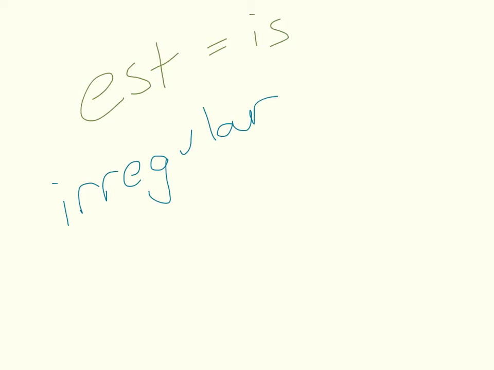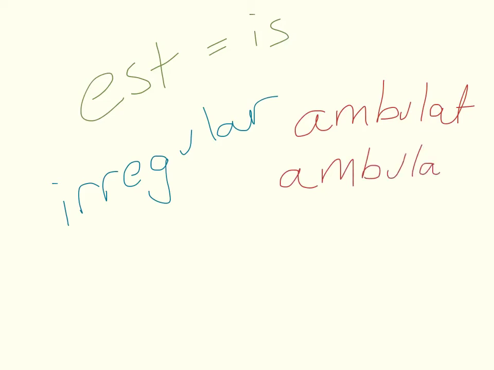You can see a lot of similarity between ambulat and ambulant. As a matter of fact, the only thing that's changed is that ending there. So that's the difference between the singular and the plural.